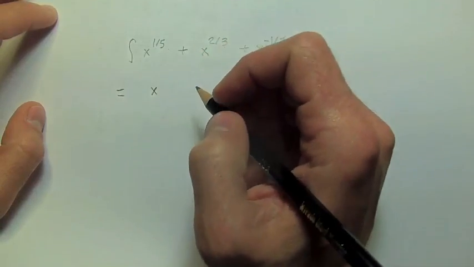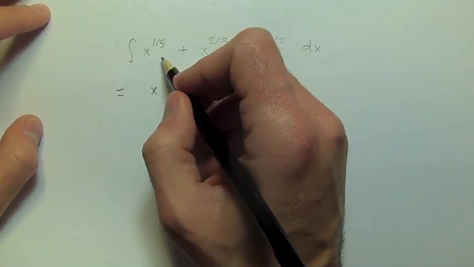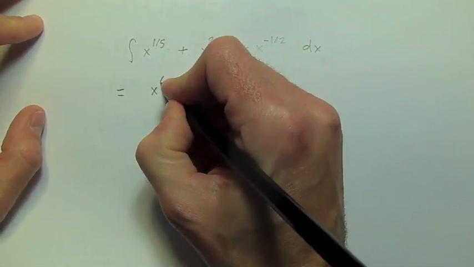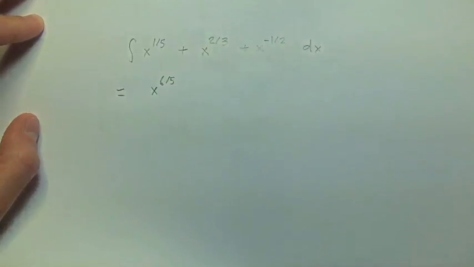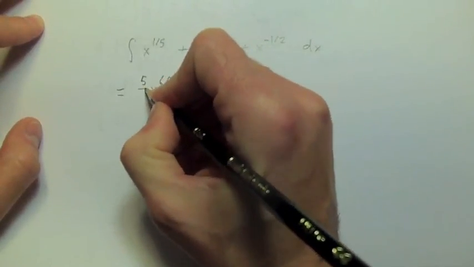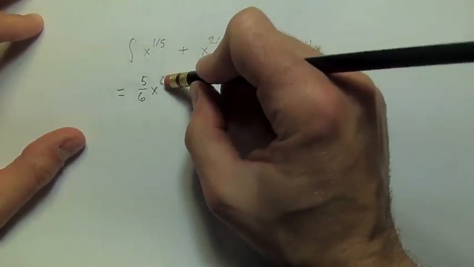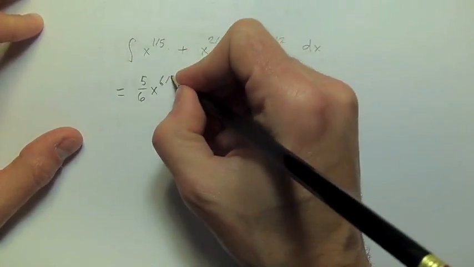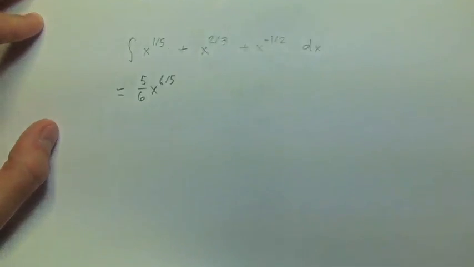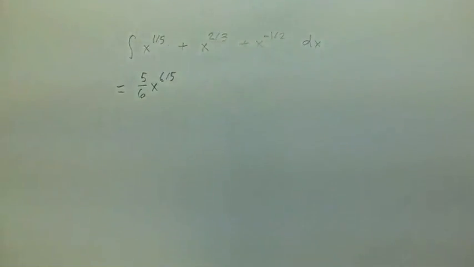So 1/5 plus 1 is 1/5 plus 5/5, so that's 6/5. So once I have this number, 6/5, I know that the constant outside is going to be 5/6. Go ahead and try it with the power rule where you divide, invert and multiply, and you always get this same thing. It's going to be 5/6 x to the 6/5.